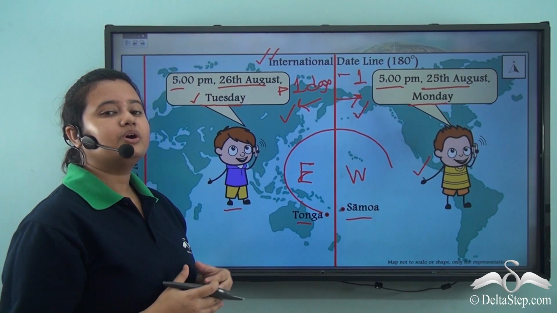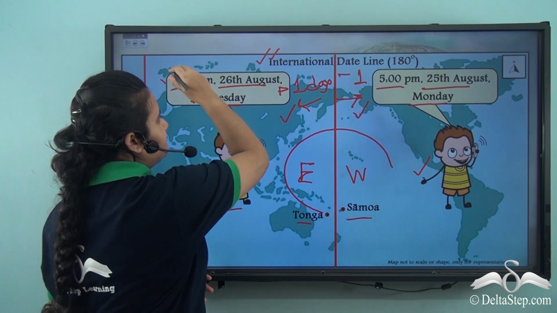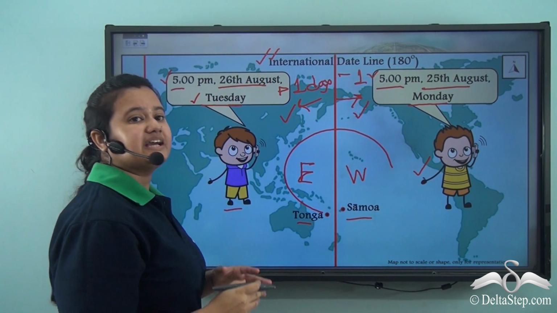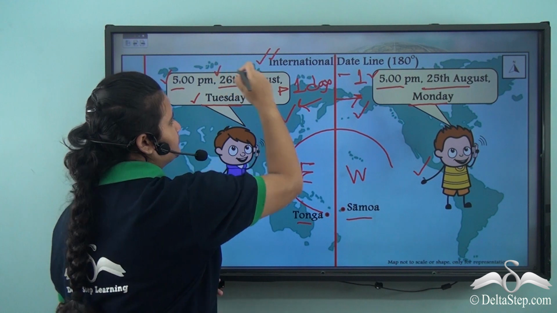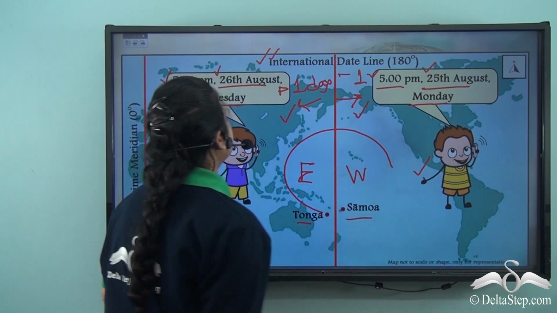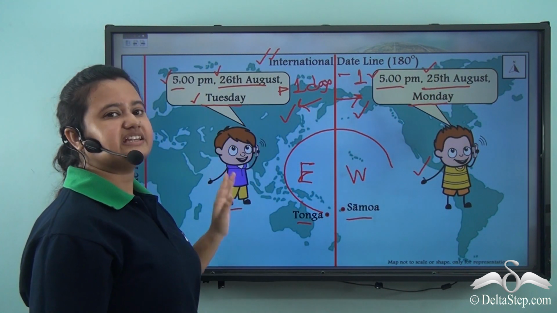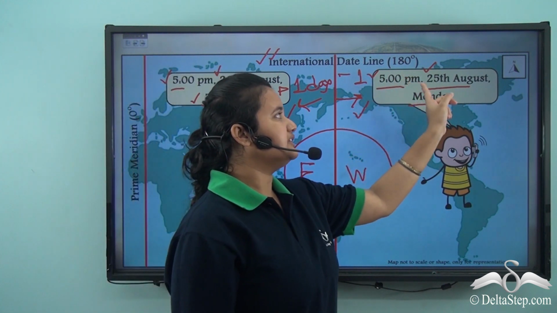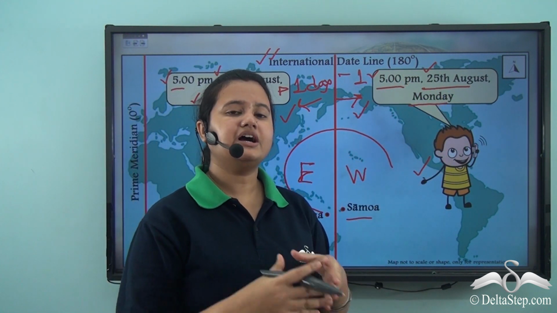That is, although these places have the same time, the dates of these two places are different. It is 26th August in the east and 25th August in the west of the IDL.